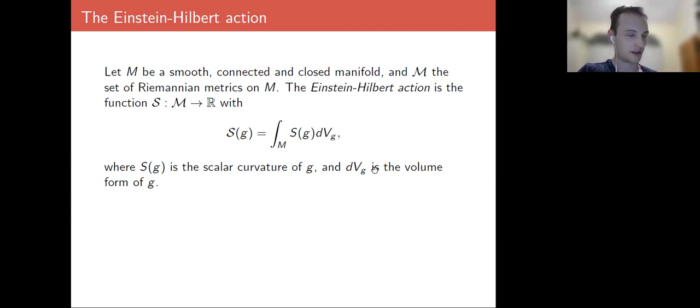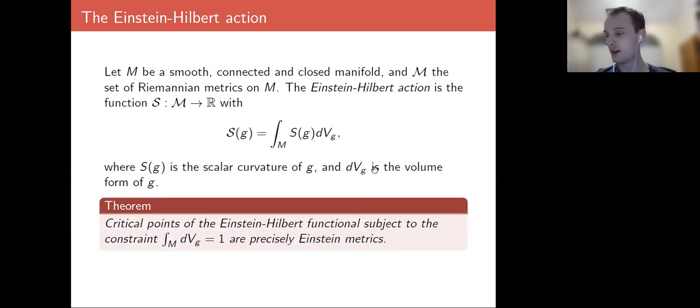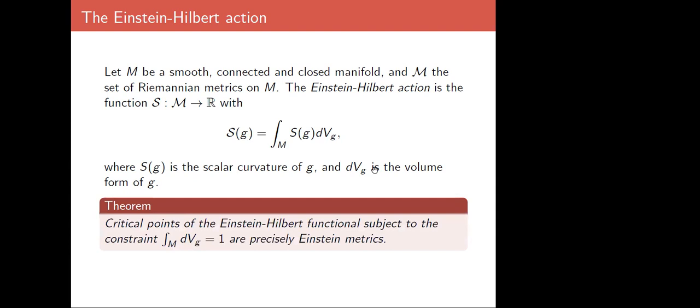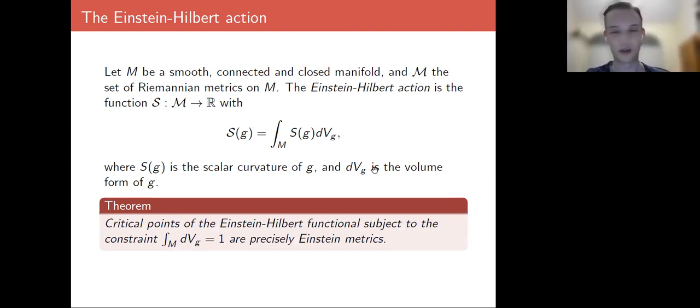This is actually a fairly well-studied object, both in Riemannian geometry and in general relativity. The Einstein-Hilbert action is quite important to Einstein's theory of relativity. From a pure mathematics perspective, or in the Riemannian setting, perhaps the most obviously important thing about the Einstein-Hilbert action is that it's a function into R, and so you can use calculus of variations to study critical points.